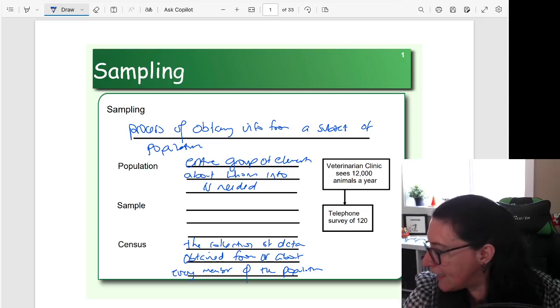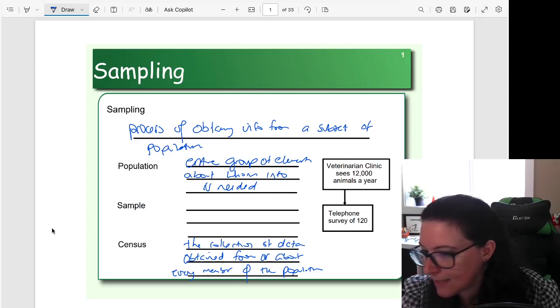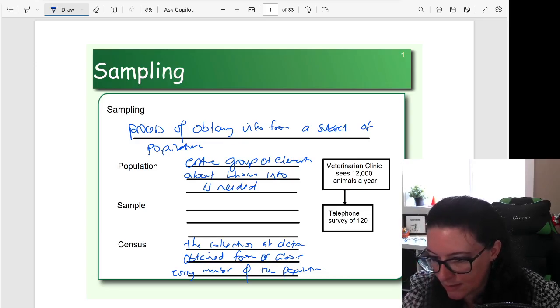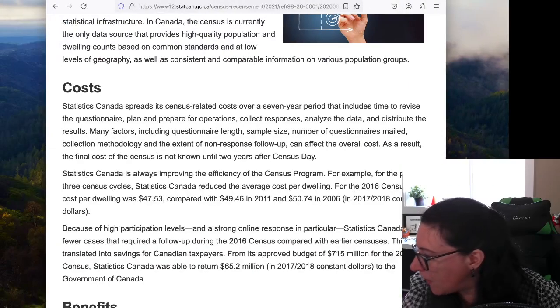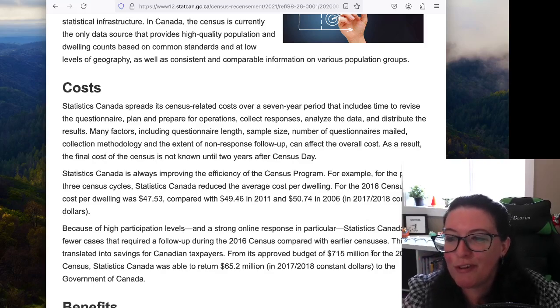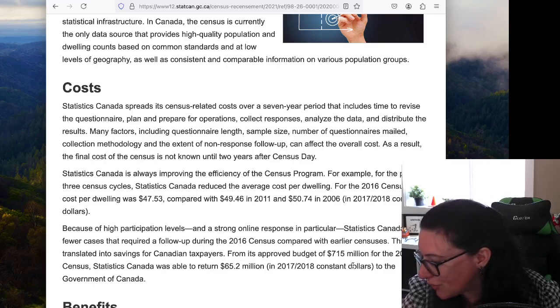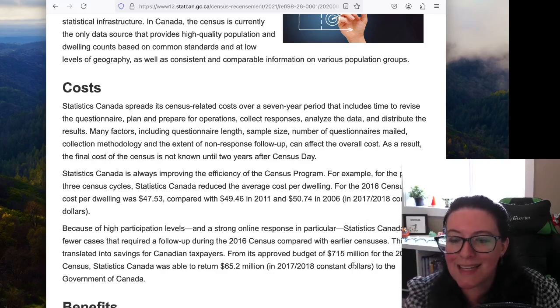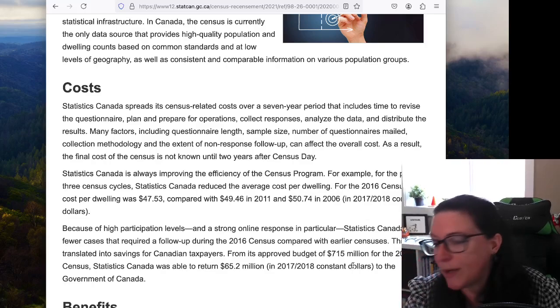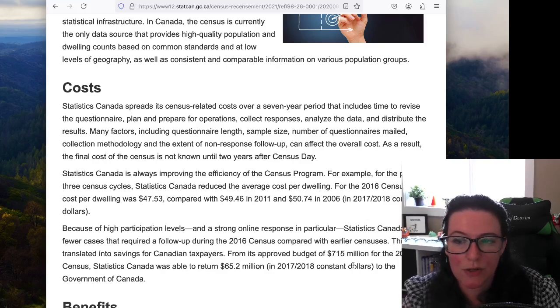The last Canadian census that was held, in 2016, cost $715 million. The next census in Canada will be in 2026, so just 2 years from now.